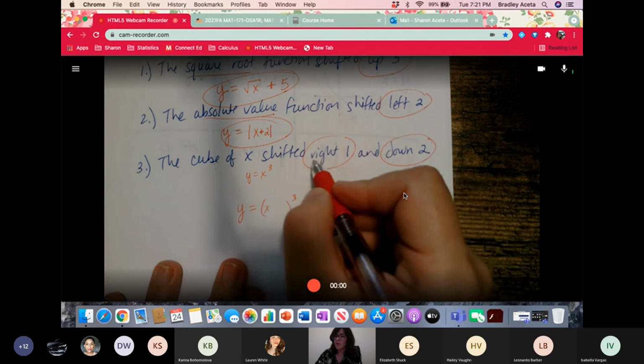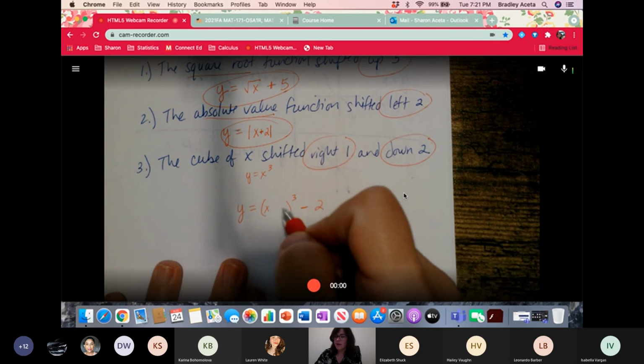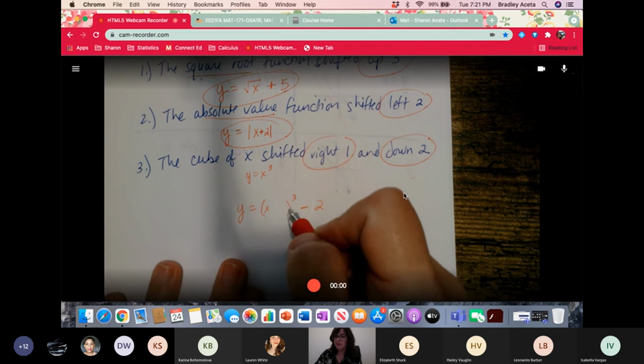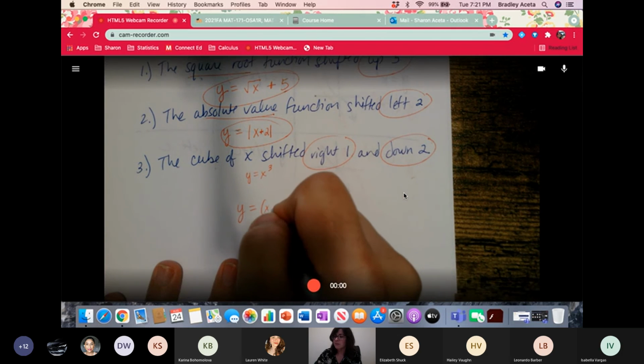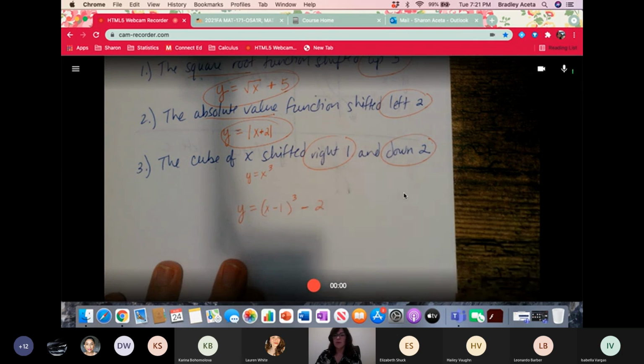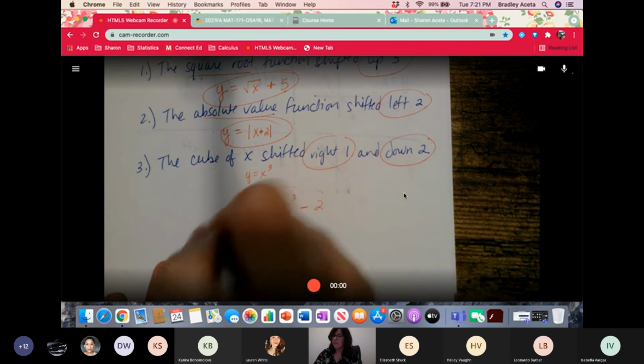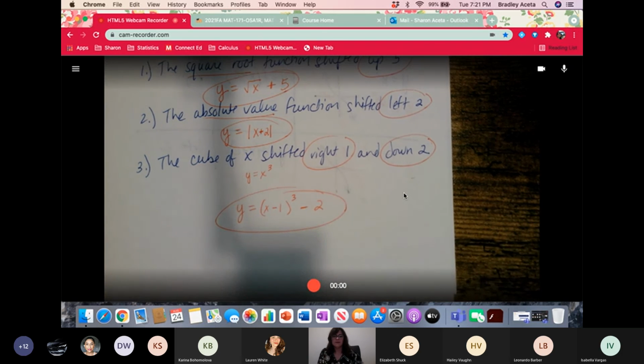And then if I'm right 1, what would go right here? Right 1 would be minus 1. Remember, you do the opposite. So this right here would be the cube 1. That goes right 1, down 2. So you'll have a couple of questions like that.